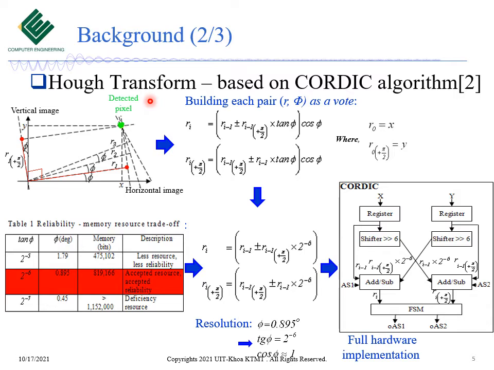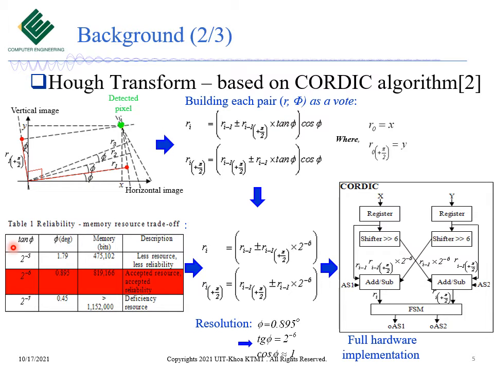We can convert the previous equations to these equations to calculate the radius and phi. Based on the CORDIC, we see that if this angle is sufficiently small, then we can remove the tan and cos operations from the equation.